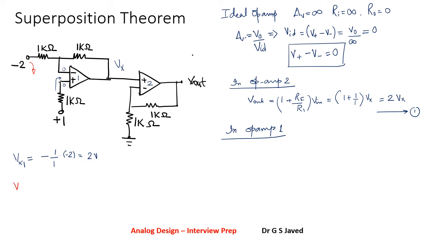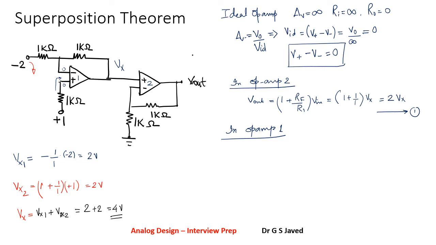So the output of the non-inverting configuration is given as one plus Rf by R1, again 1 by 1, times the input supply plus 1, that is 2 volt. So the cumulative answer Vx is equal to Vx1 plus Vx2, that is 2 plus 2 equal to 4 volt.